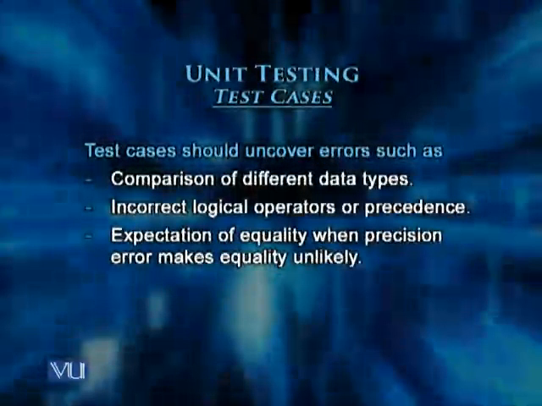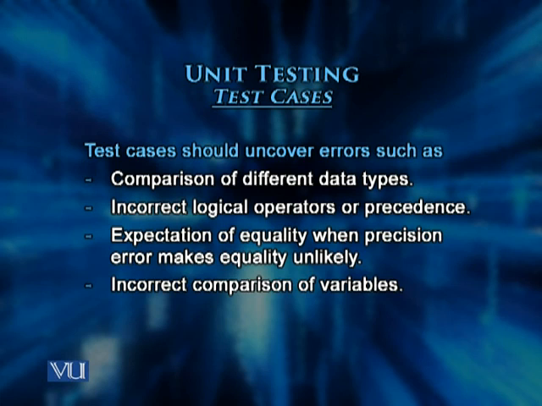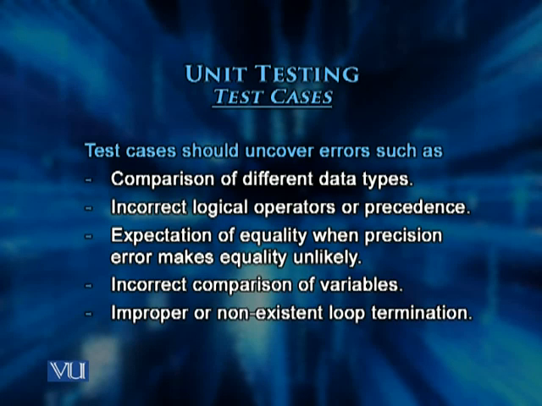Also, if you are dealing with floating point numbers and you're trying to use equality when precision makes equality unlikely, these are things that the test cases should try to uncover, because these will lead to errors down the road. Similarly, incorrect comparisons of variables, improper or non-existing loop termination.